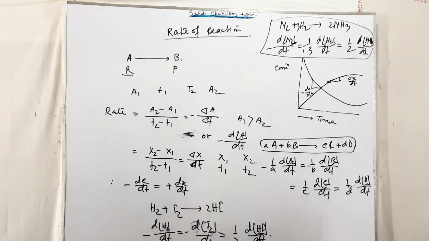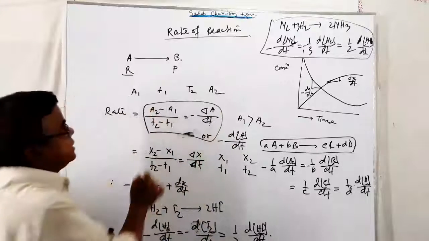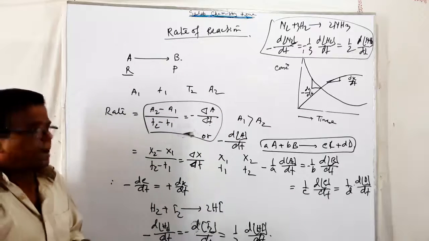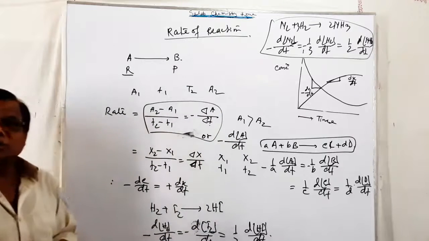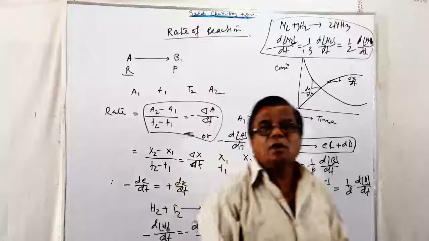Rate of the reaction details the concentration of reactant and product, but by the law of mass action, the rate of the reaction is directly proportional to the active mass of the reactant.